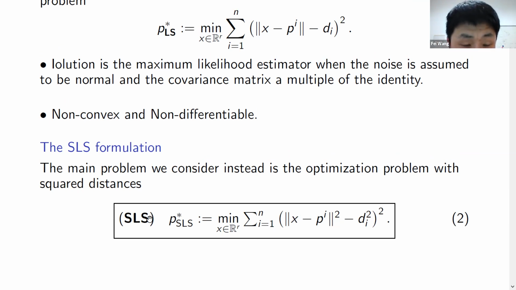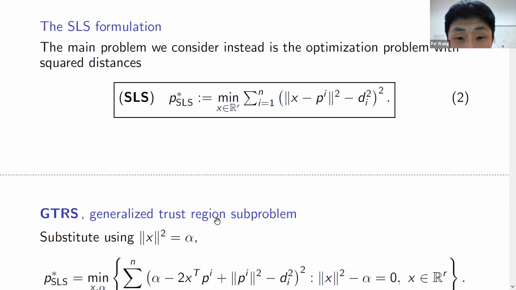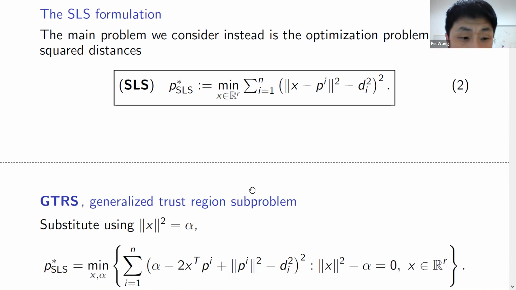This is called the squared least squares problem. In this problem, the only unknown is x. x is the location of the source, and all these sensors, or towers, are given and their locations are fixed.